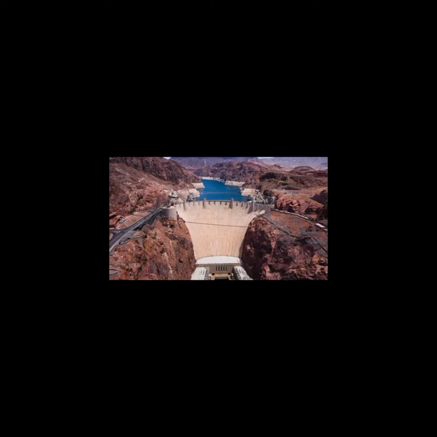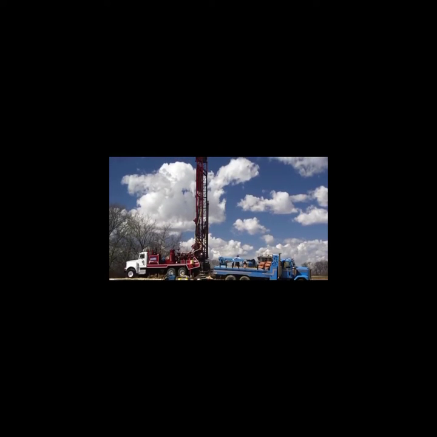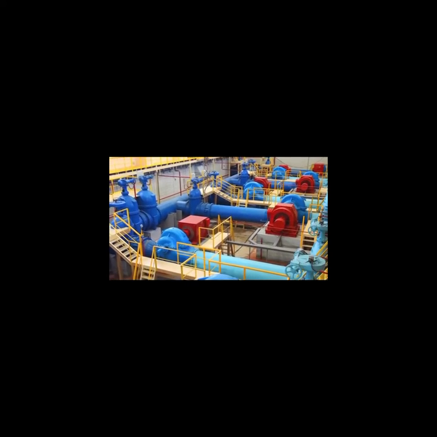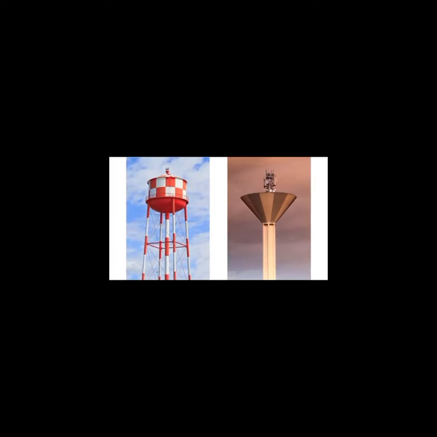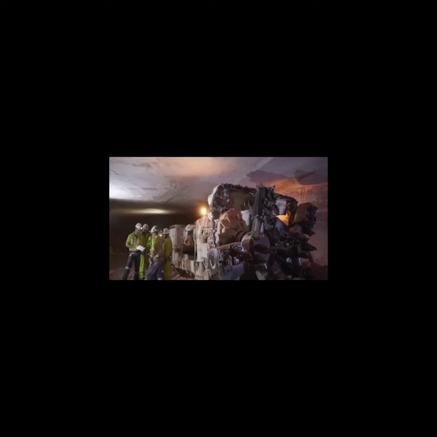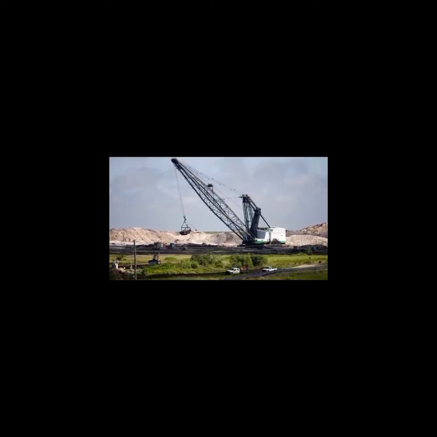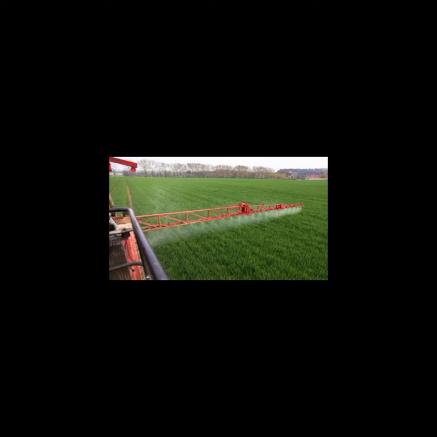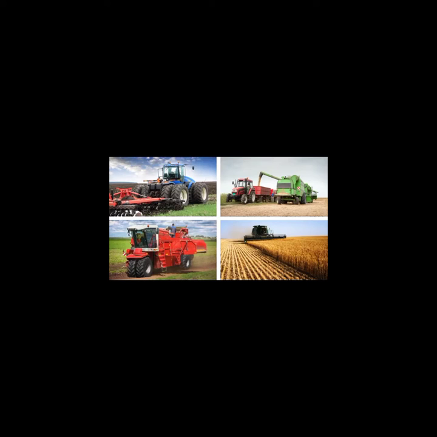Without concrete and steel, there would be no dams, no water wells, no water treatment plants, no water pumps, no water towers, no water. And if there were no potash mines and no phosphate mines, there would be no fertilizers. And without agricultural equipment, there would be no crops, no feed for animals, no food for humans.